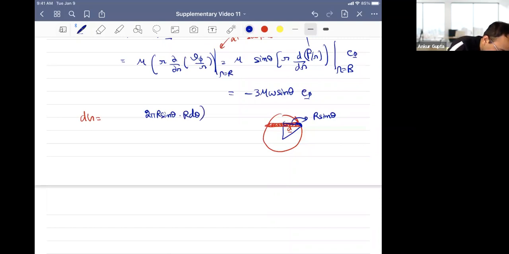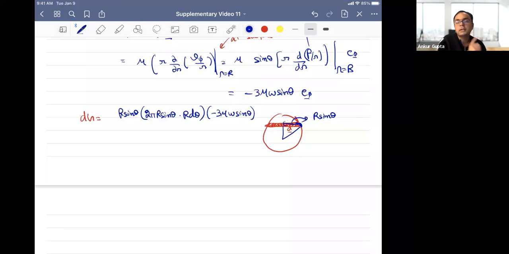Then I multiply this with minus 3 mu omega sine theta. This is area times the stress vector, which gives me the force. Then I also need to multiply with r sine theta to get the torque. So first, stress vector times area gives me the force, then force times the distance gives me the torque.